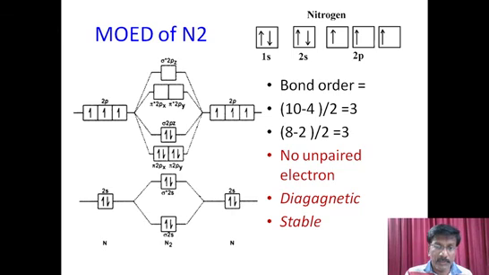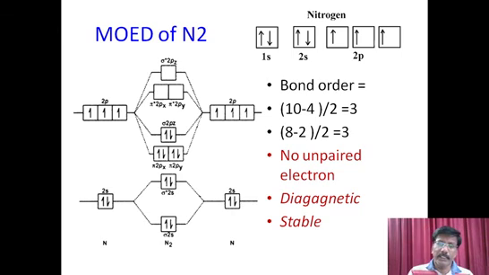With respect to 2s, 2. Whereas with respect to 2p, there is no electron in anti-bonding. So the total is 4. Out of 14 electrons, 10 are in bonding molecular orbitals and 4 are in anti-bonding molecular orbitals. So bond order is 10 minus 4, that is 6 by 2, which is nothing but 3.